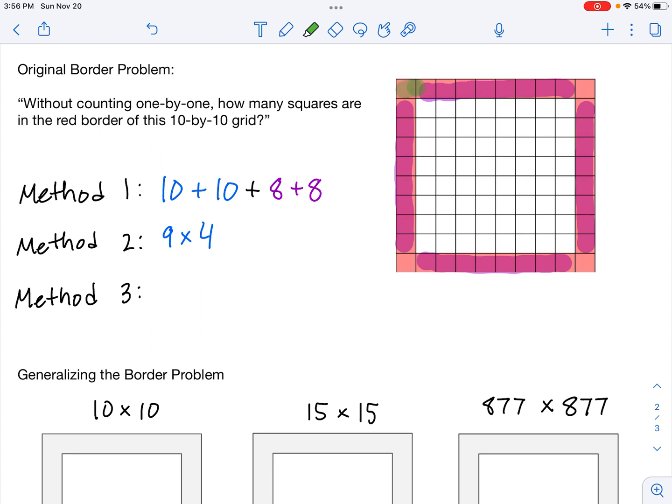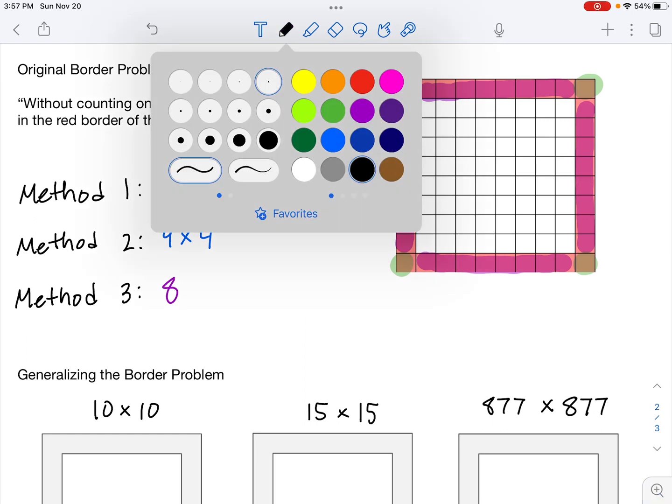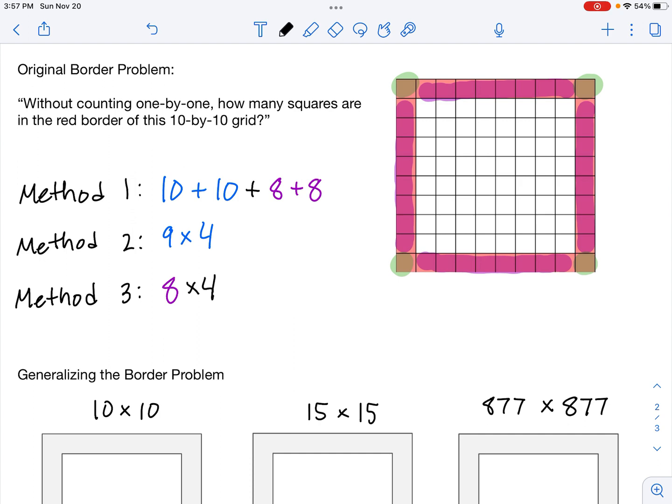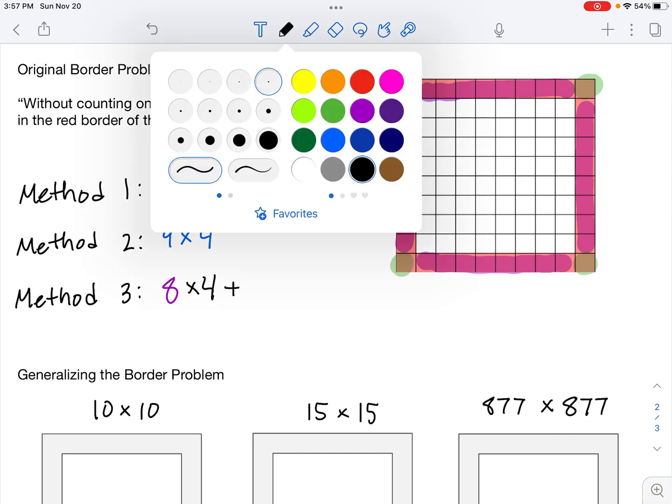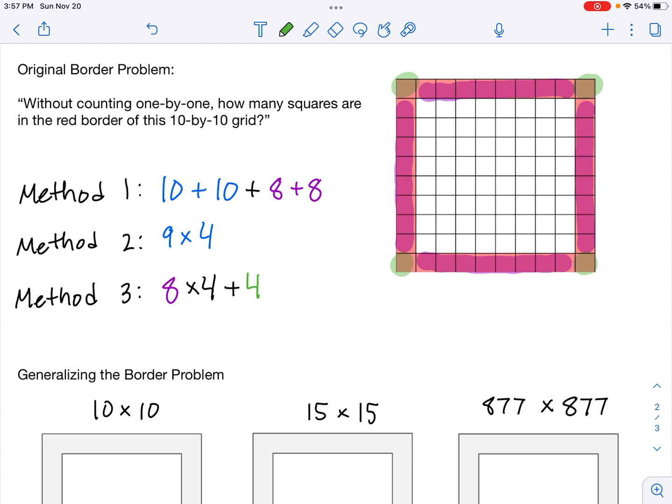One corner, 2, 3, 4. So that would look like something like this. 8 times 4 for the 4 sides, plus the 4 corners.